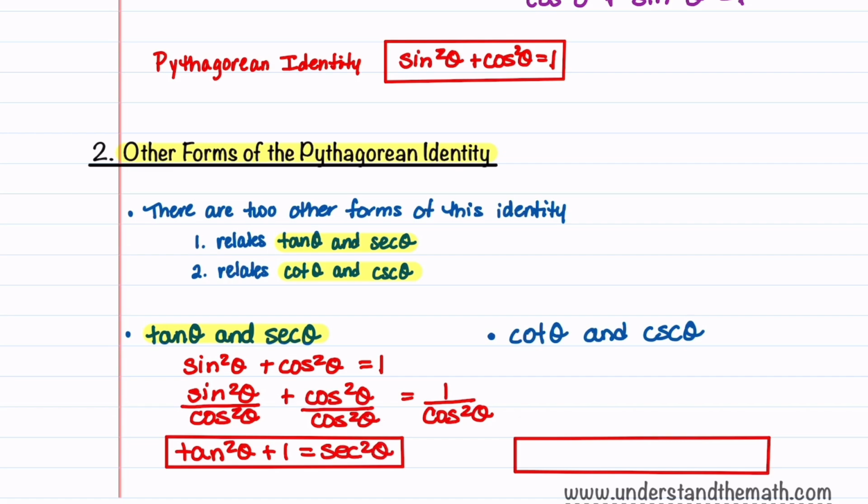We'll now find the Pythagorean identity that relates cotangent theta and cosecant theta. We'll again start with sine squared theta plus cosine squared theta is equal to 1. Since cotangent theta is cosine theta divided by sine theta, we'll divide every term in this equation by sine squared theta.